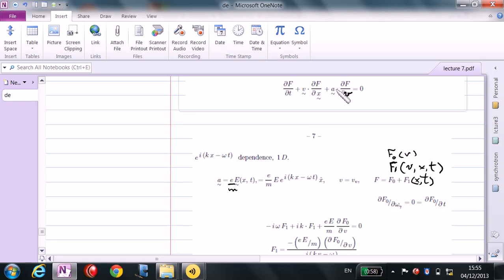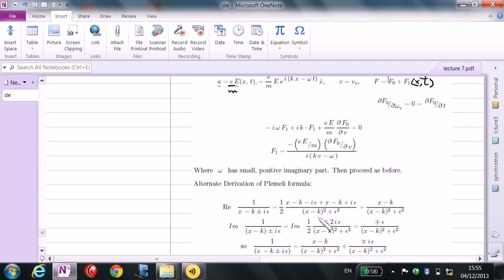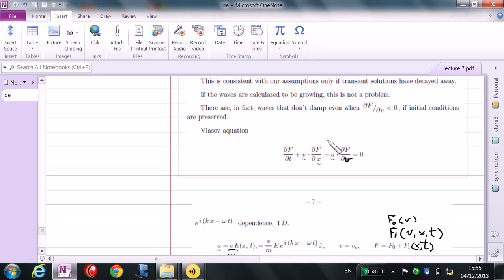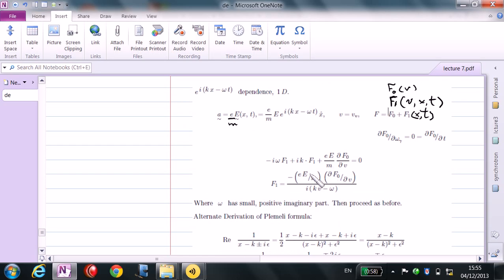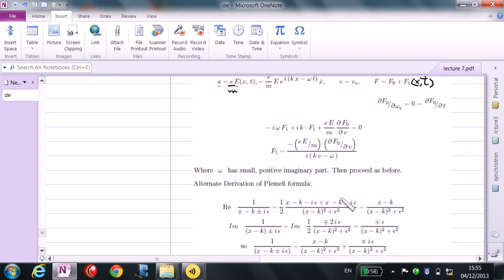So, because this is a first order term, I'm just keeping the zero order term of this, and that's why this term is a times df naught dv, and that's why there's a df naught dv here. And now this is just very easy to solve for f1. It's equal to this. And here you see the prospects for a resonant denominator.